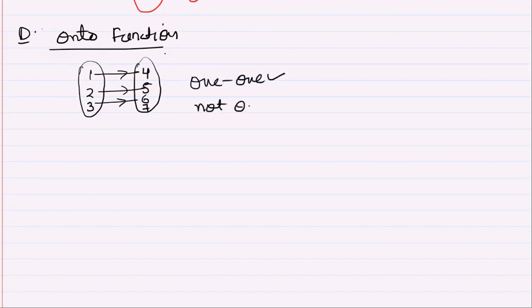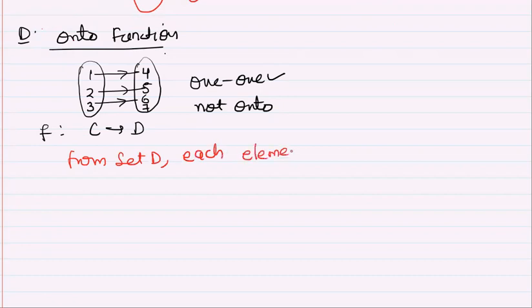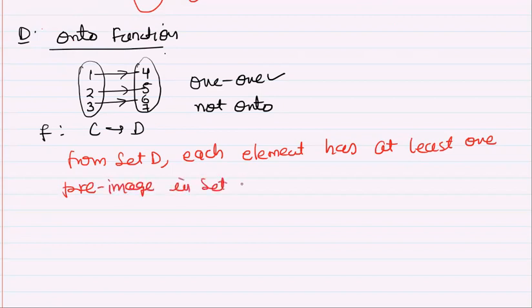But it's not onto. Why? Suppose this is a function from C to D. This time from the set D, each element has at least one pre-image in the set C. So here we are talking about pre-image, not image. Be very clear.